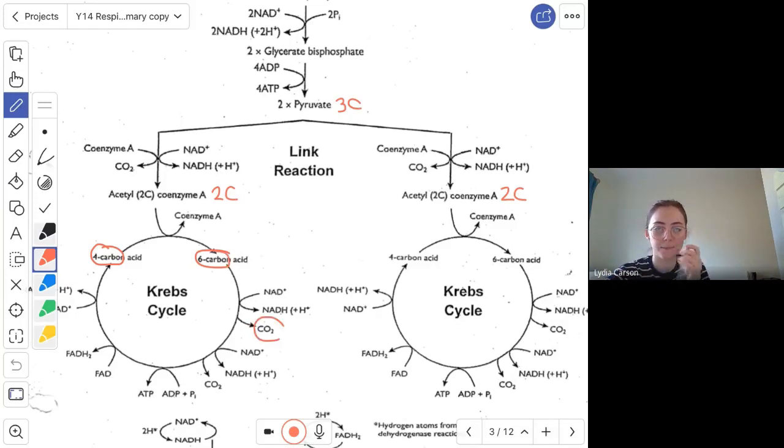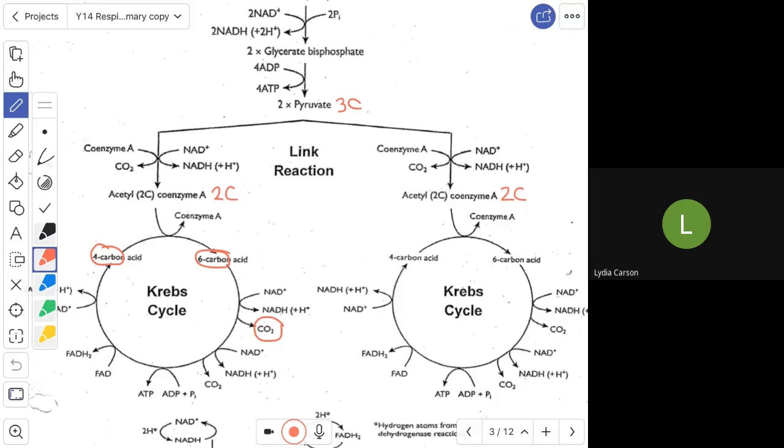Carbon dioxide, carbon dioxide, another carbon dioxide. And the same on the other side.